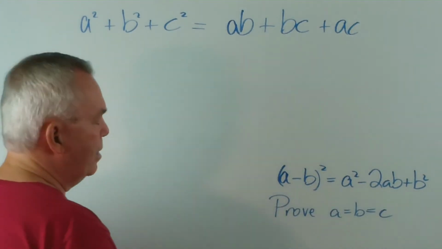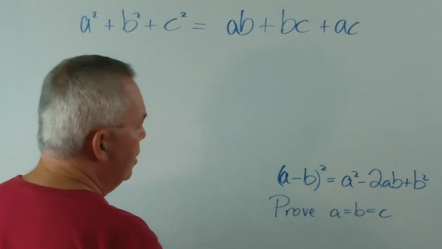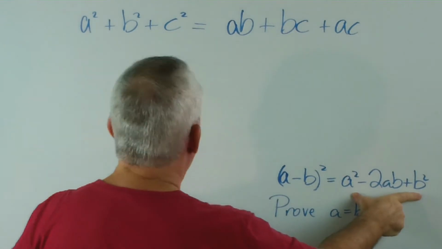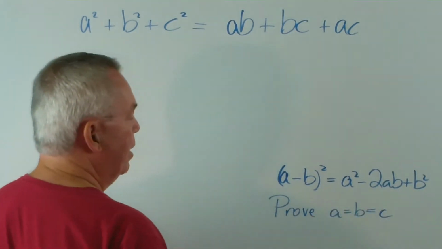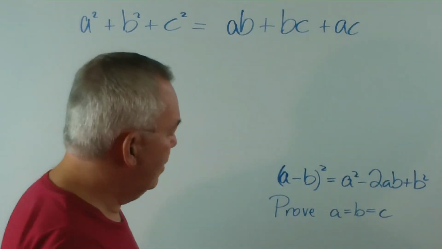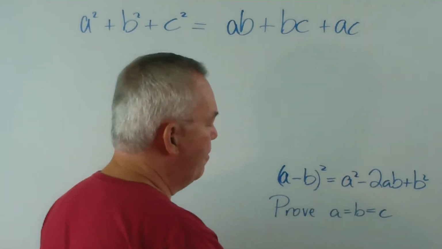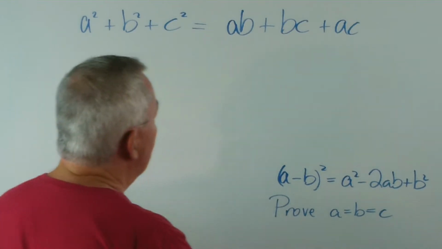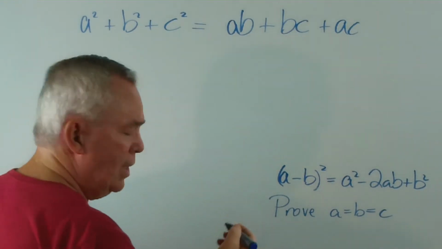It's a very, very good pattern to learn. But I want you to notice that we have a squared plus b squared here, and on this side we have an ab, but we've only got one of them, and this has two. Well, let's see if this is of any use to us.